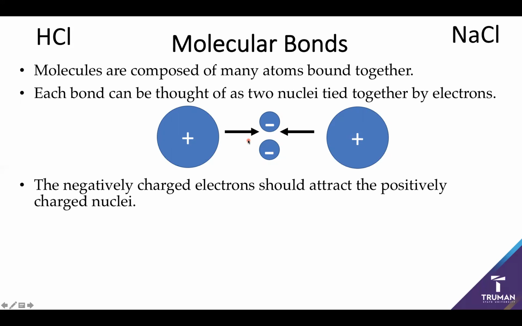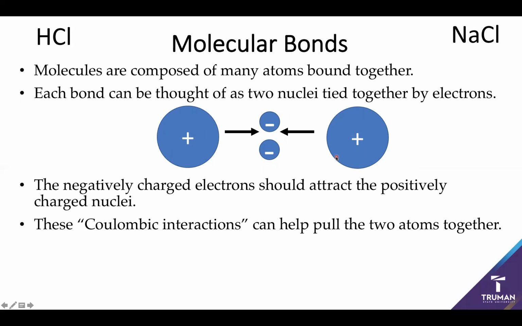And so what we find is that these negatively charged electrons help pull together our positively charged nuclei. And this is what's called a Coulombic interaction. So Coulombic interaction is the general term to say positives attract negatives, negatives attract positives, but positives hate positives.